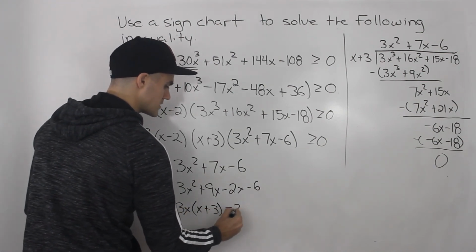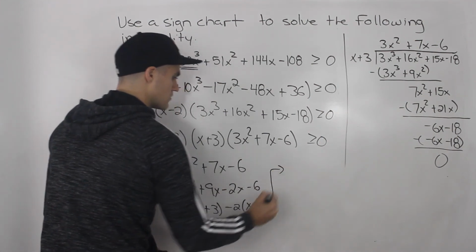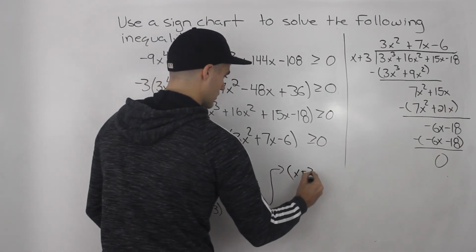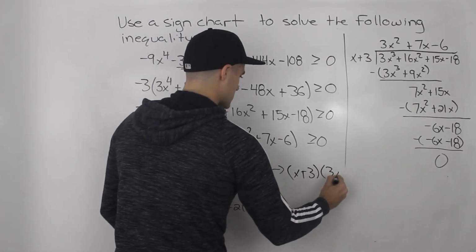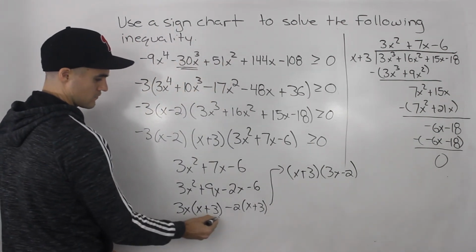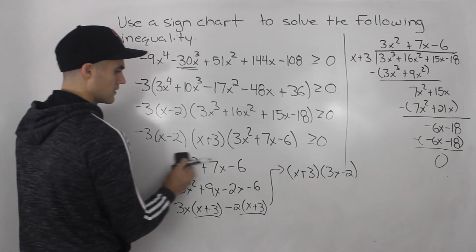Then we could take out a minus 2, left with x plus 3. So that means that that factors into x plus 3, 3x minus 2. Right? We factored by grouping. We factored that bracket out.